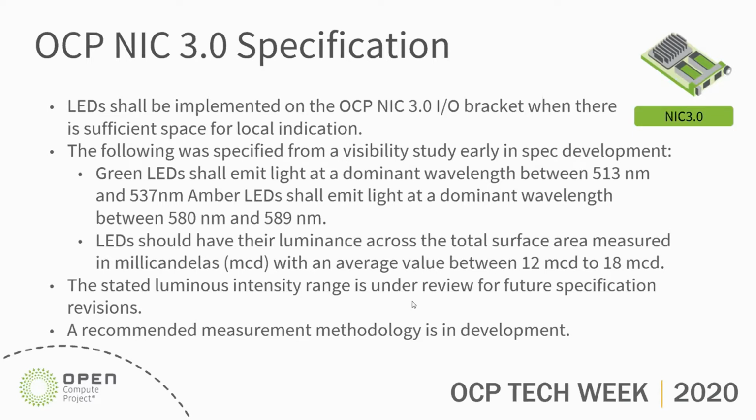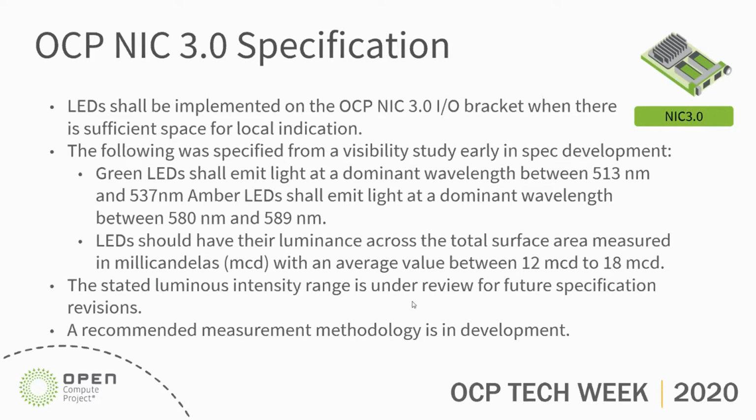The purpose of this presentation is to talk about the luminosity. So the current spec we have, the numbers that we have is at the surface of the LED on the bracket, the luminance across the surface area should be between 12 and 18 MCD.